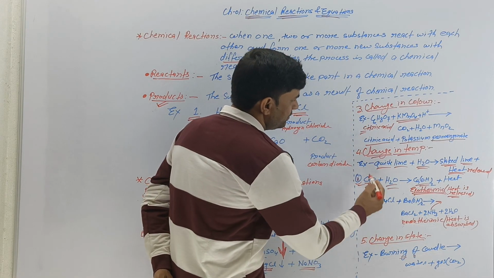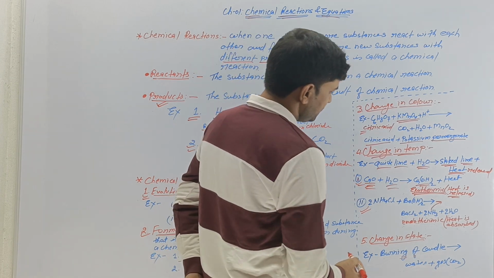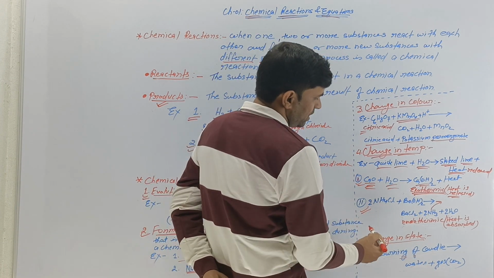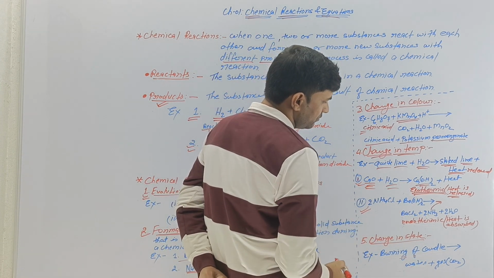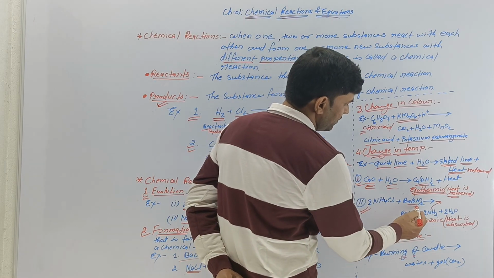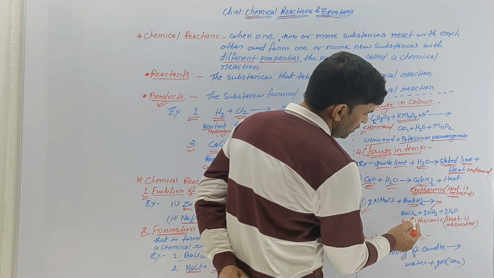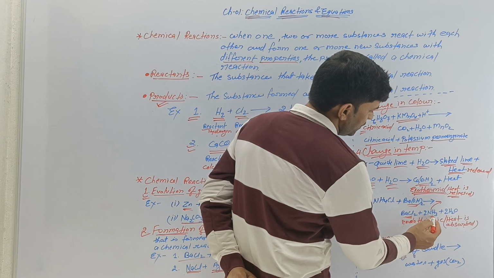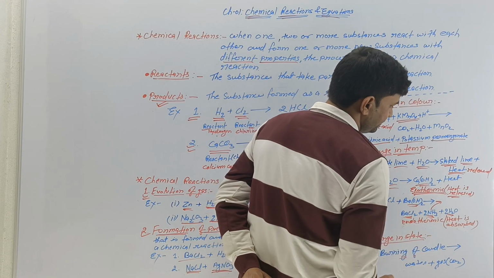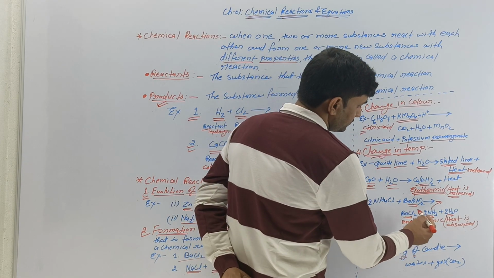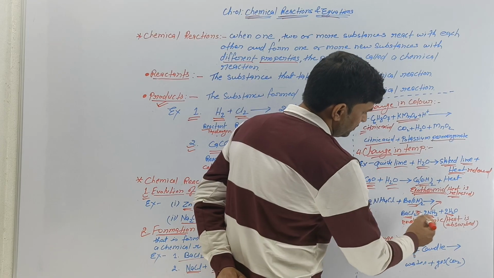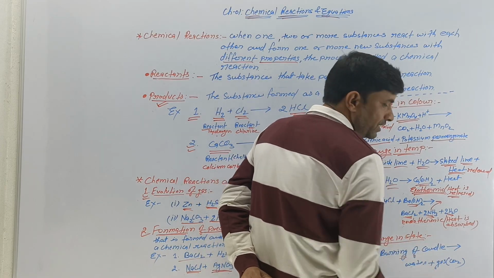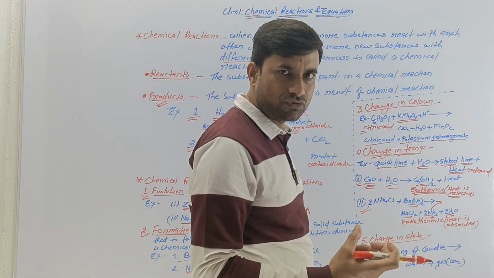Another example for change in temperature is when two molecules of ammonium chloride come in contact with barium hydroxide, it will change into barium chloride plus ammonia plus water. When this reaction takes place, heat is absorbed.